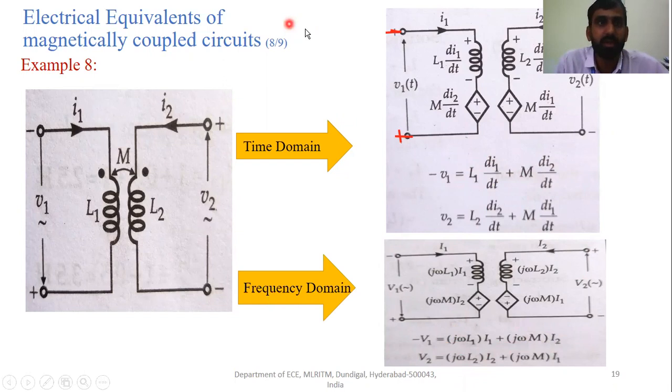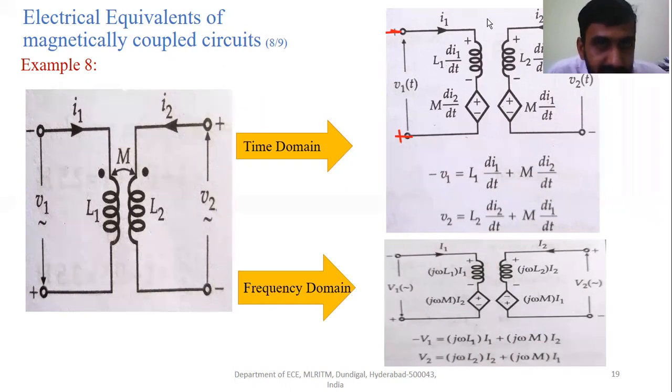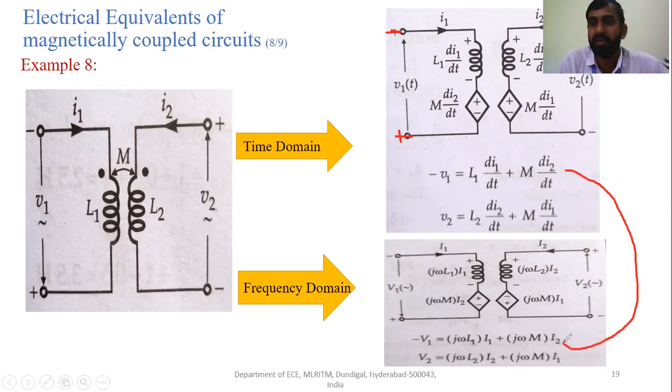And V2 also is equal to j omega L2 into I2 plus j omega M I1. So this is how we are going to get the equations with respect to frequency domain, with V2 also converted into the frequency domain.